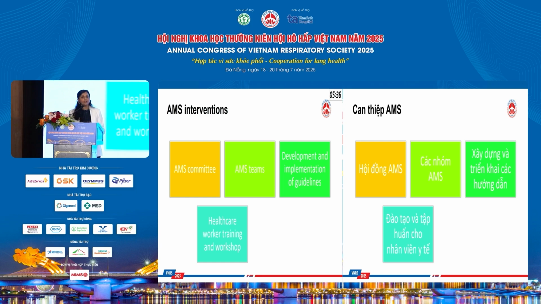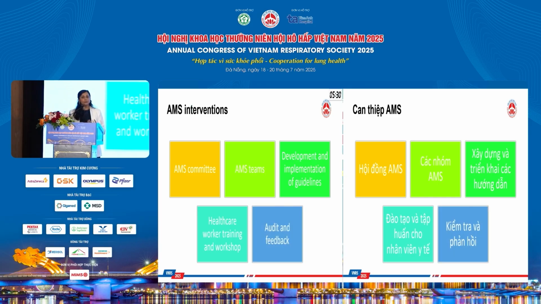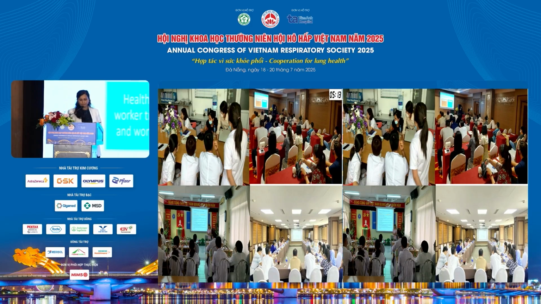We did training, we did workshops to educate people about antibiotics, so these are the healthcare workers. And we also implemented the most important intervention called audit and feedback, where regularly across the intervention period, we did audits of antibiotic use, and then straight after provided feedback to the departments about how their use was.